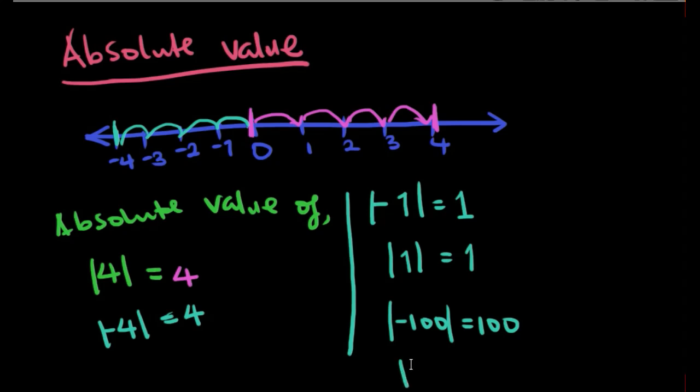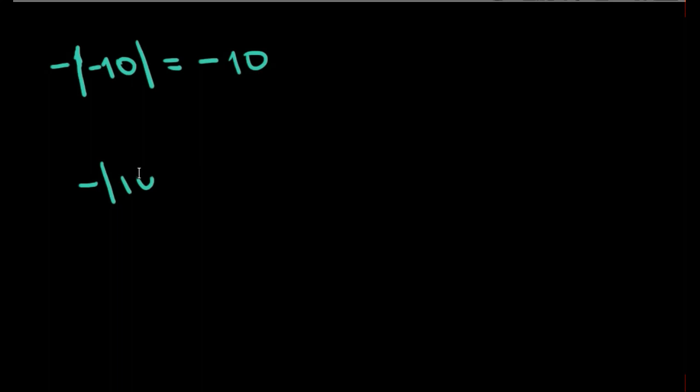And the absolute value of 100 is still 100. But if we change a bit and ask, what about the negative absolute value of 10? Already I have a negative, so the negative absolute value of 10 is -10.